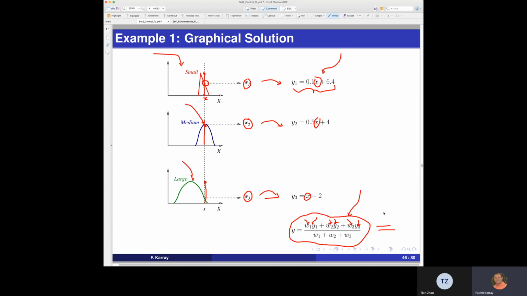The defuzzified value here is immediately generated from this type of representation.